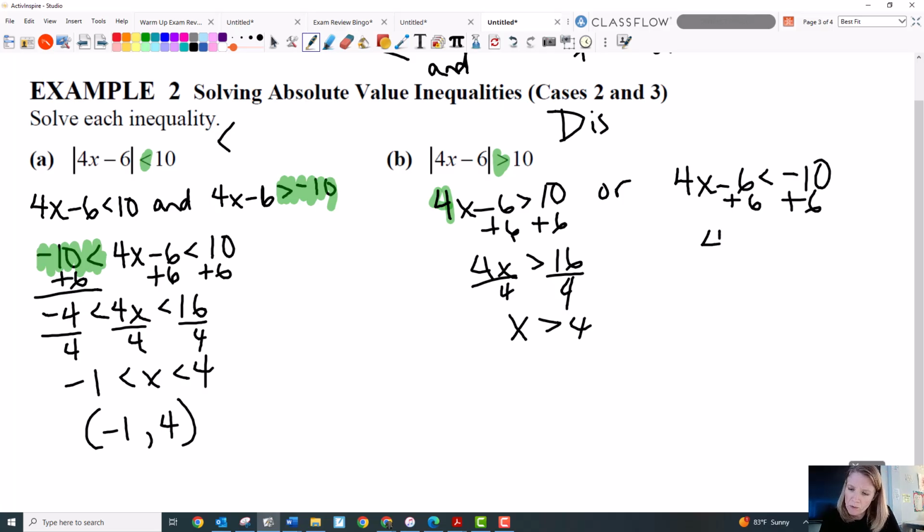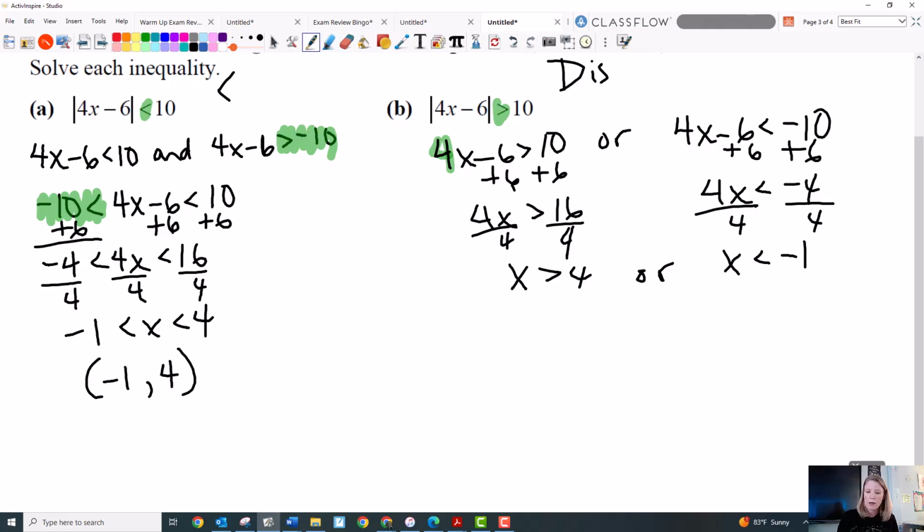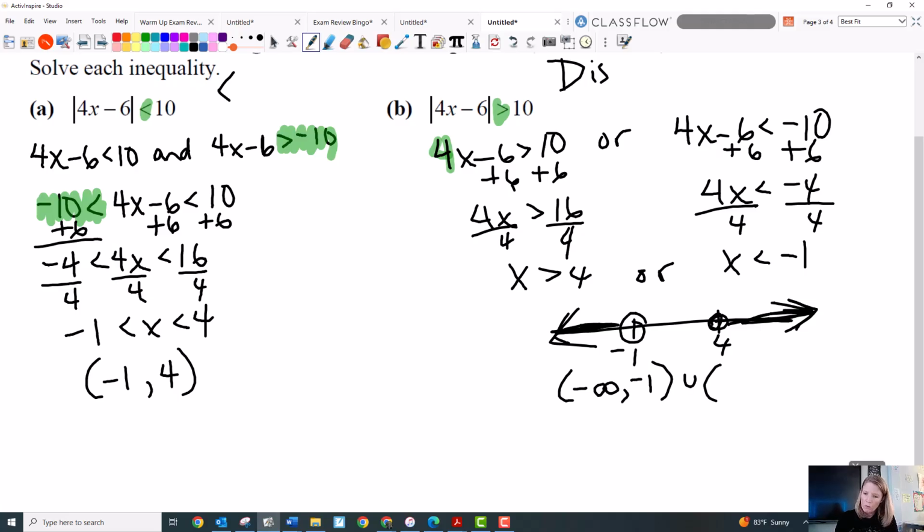Add 6. So 4x is less than negative 4. Divide by 4. Divide by 4. X is less than negative 1. So you would say x is greater than 4 or x is less than negative 1. So let's see what that would look like on a number line. So negative 1 is here, and it would be that way. 4 is here. So in interval notation, you would write it as negative infinity, comma, negative 1, union 4, infinity.